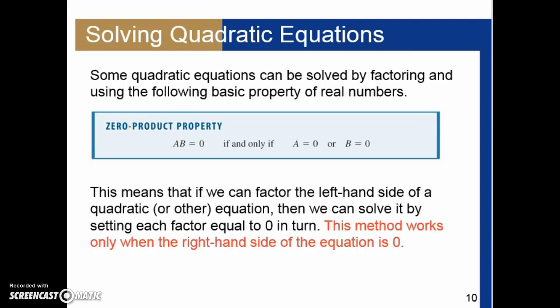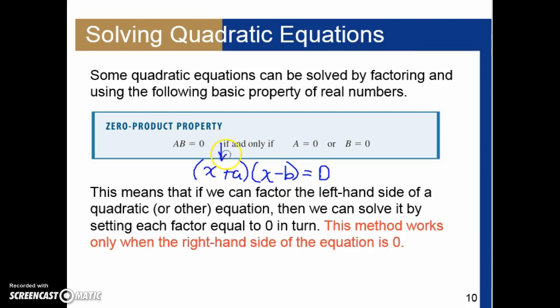So if we're going to solve, we need to factor it, and we're going to use this zero product property to factor our quadratic equations. So if I multiply two things together, whether they're just two variables or whether they are two binomial factors, x plus a times x minus b, it doesn't matter. If I'm multiplying two things together and that product equals 0, well, one of three things happened.